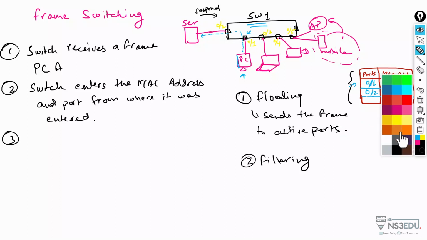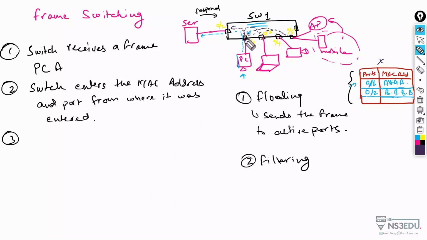Okay, let me demonstrate it here. Let's say we have a PC here, and it is going to send a request to the server, but if switch 1 does not have any MAC address table, in that case switch 1, after receiving the frame from the PC, will forward it from here to here also, from here to here also, right? Or if there are any other active ports, then it will be forwarded to those ports also, right?